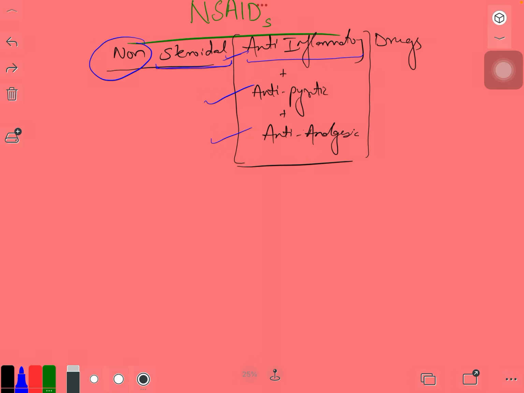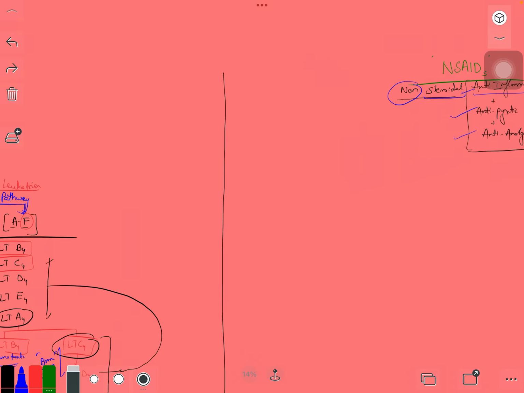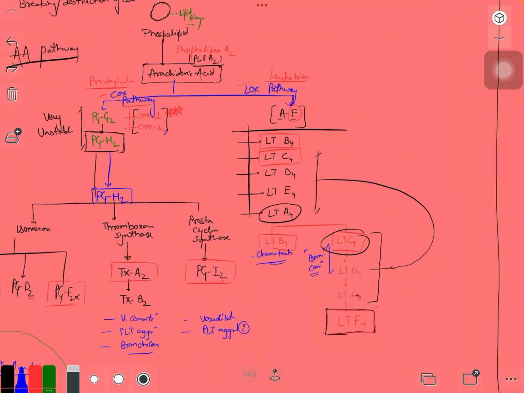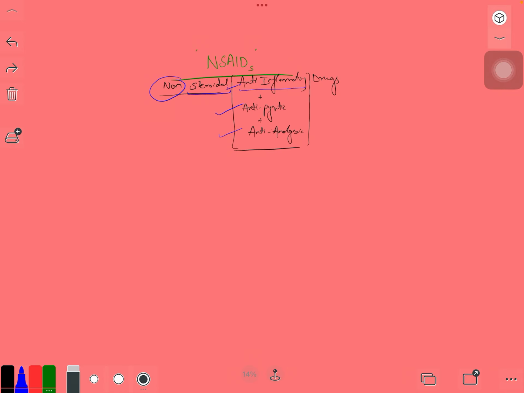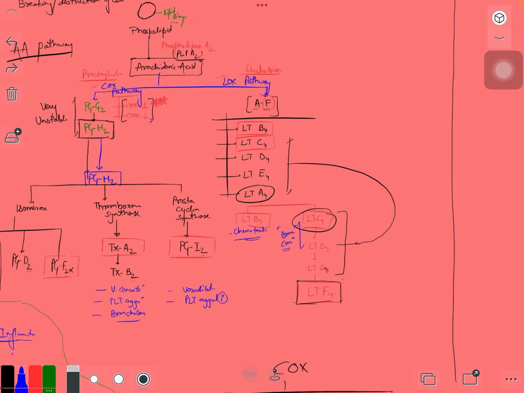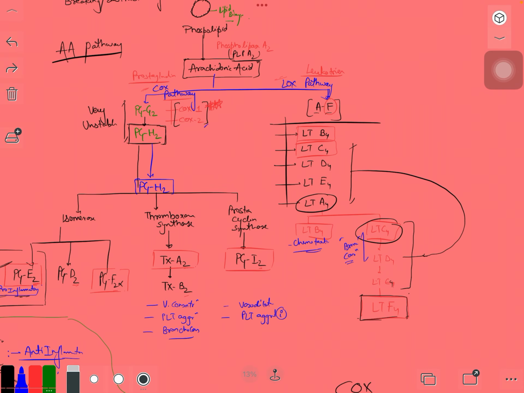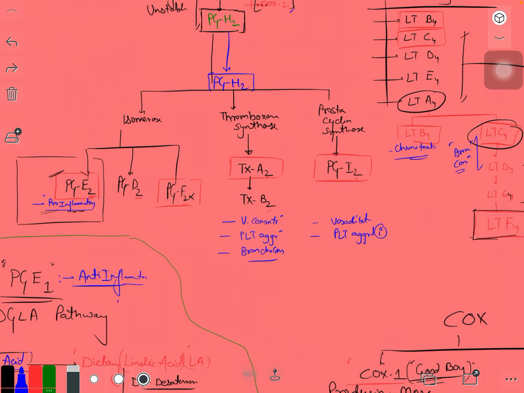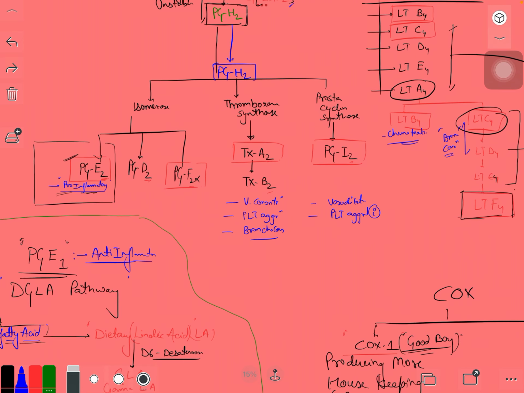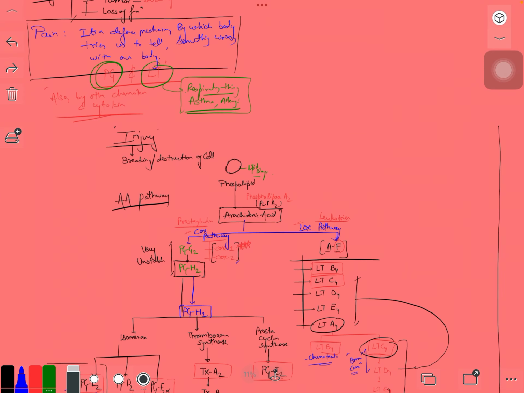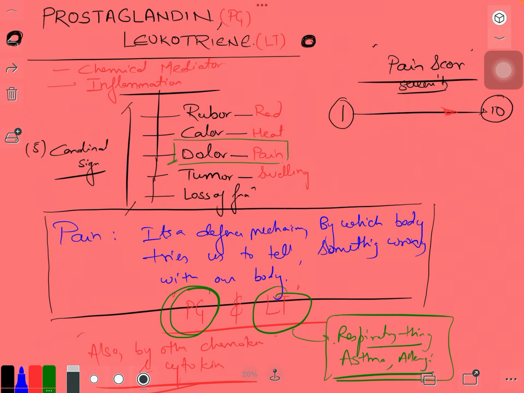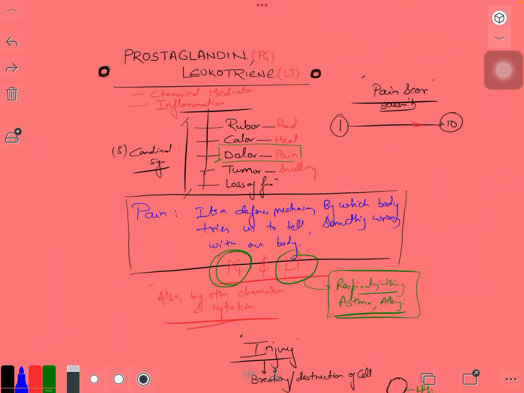Before knowing the NSAIDs in detail, we must know about the arachidonic acid pathway. Why are these three properties important, where do they come from? We already discussed in our previous lectures that whenever the arachidonic acid breaks down, it gives us prostaglandins, prostaglandin E2, thromboxane, I2, and everything. All of these chemicals were responsible for causing inflammation. For the inflammation, we discussed rubor, calor, dolor, tumor, and loss of function.